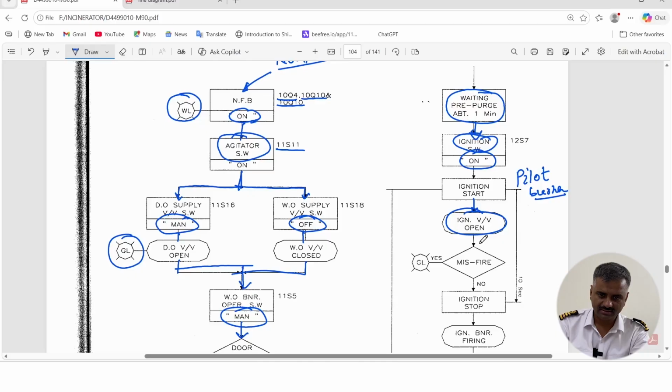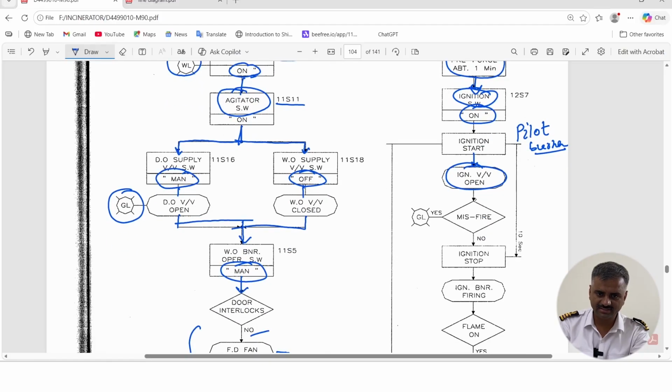Ignition will start. Say again there is a misfire. So here the red lamp RL will glow and the system will trip.